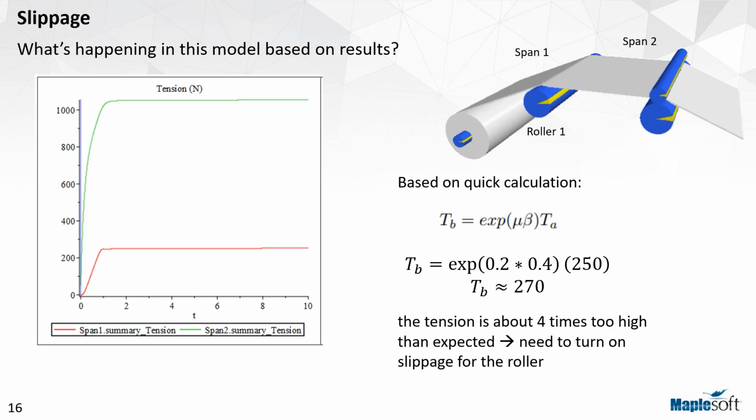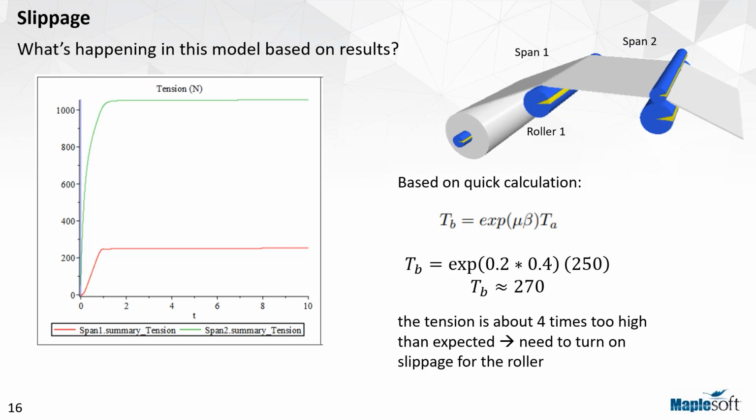We can do a quick calculation at the boundary of this web using the friction on the roller, which is 0.2, and using the wrap angle of the web around the roller being roller 1, and that in radians is 0.4.